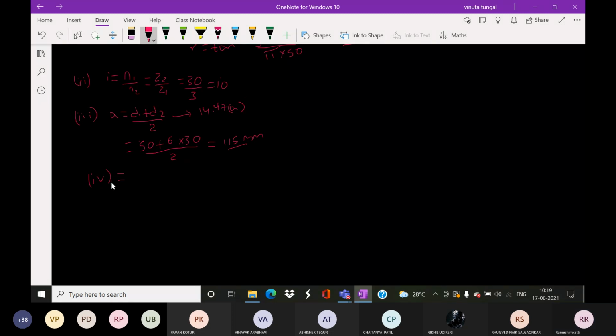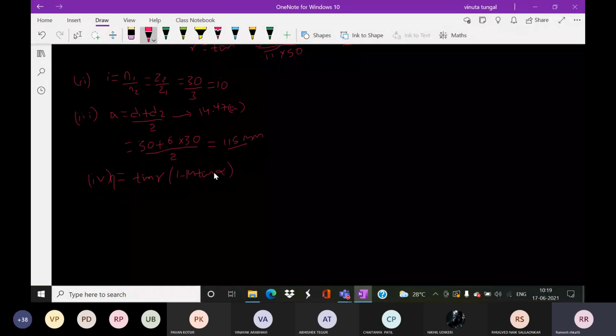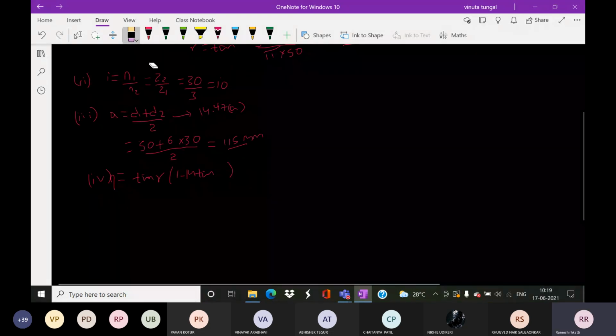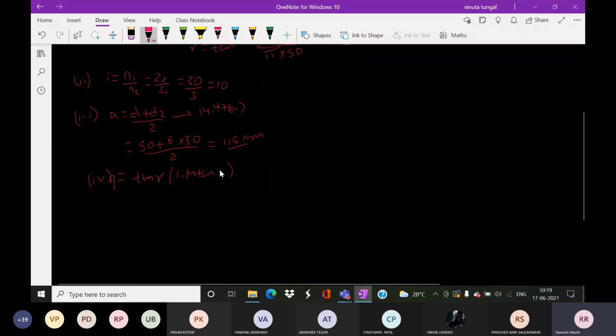Therefore, efficiency is equal to tan gamma into (1 minus mu into tan gamma), divided by (mu plus tan gamma). Sorry, it is tan gamma.